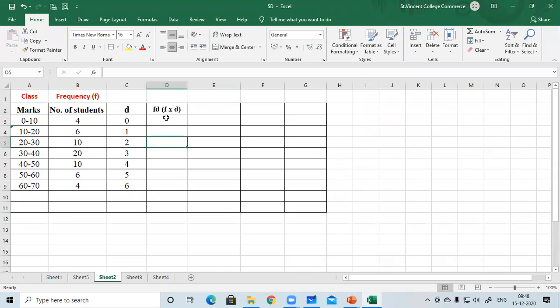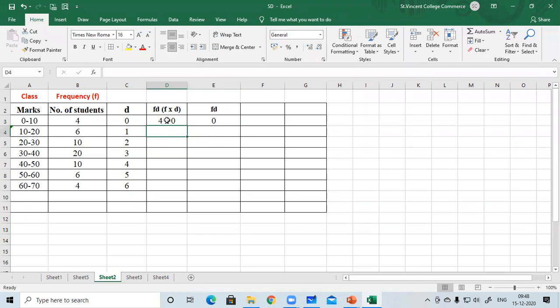When you're doing F multiplied by D, I'll make another column for you to understand FD, and in the exam you need not do that. How did this work out? 4 into 0. How much will 4 into 0 give you? Yes, anyone can help? 0, sir.